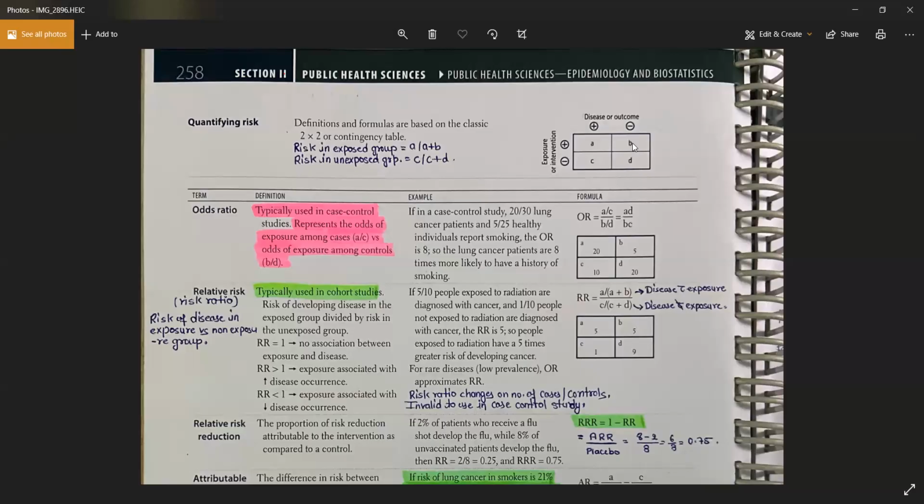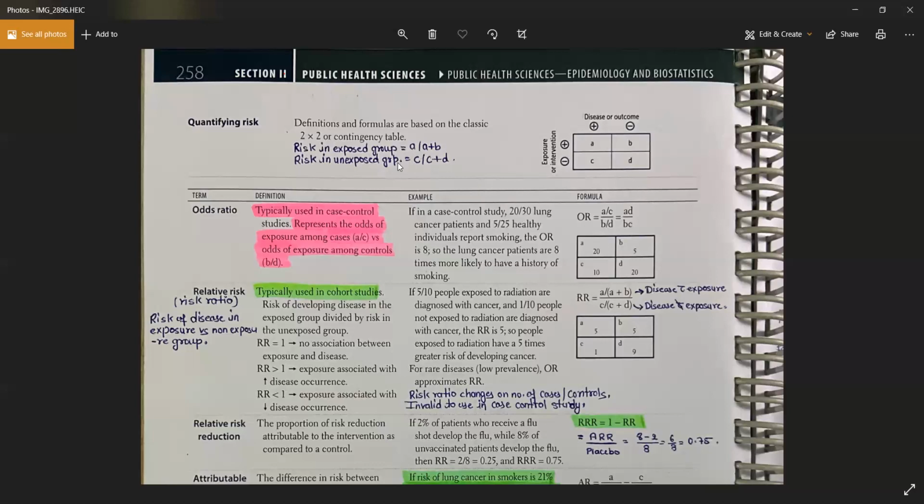So what is the risk in the exposed group? It would be A, the total number of individuals with the cancer, divided by all the individuals with the exposure. So the individuals who develop the outcome divided by all the individuals who got the exposure.